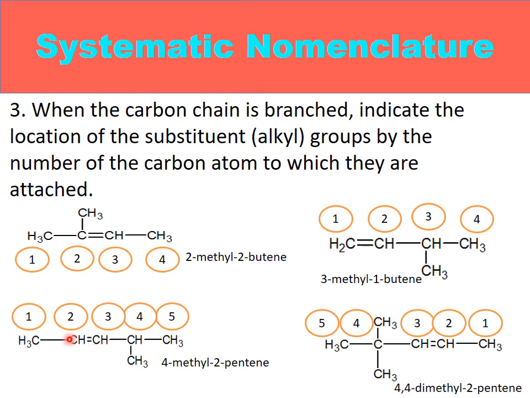So here we should start from the left. So if you start from the left, the branch CH3, this methyl group, will be attached to carbon number 4, then it's called 4-methyl. And since the double covalent bond is attached to the functional carbon number 2, then the main chain is called 2-pentene.